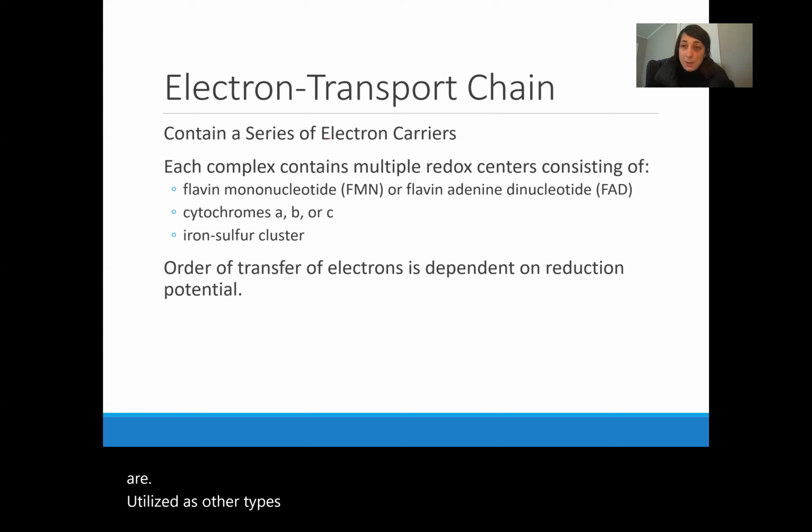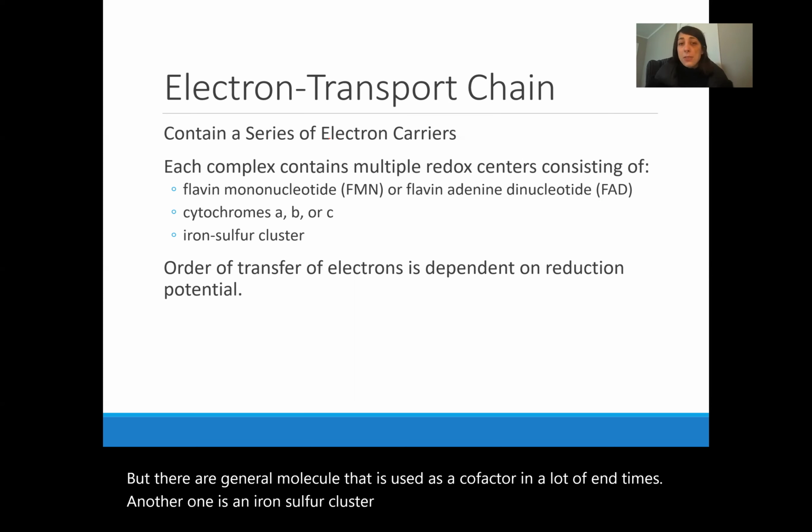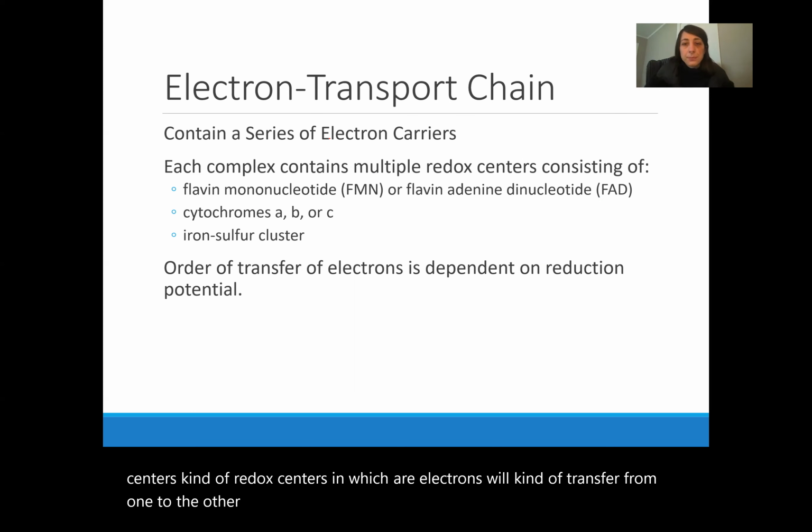For example, heme is a type of cytochrome, but they're a general molecule that is used as a cofactor in a lot of enzymes. Another one is an iron sulfur cluster. So these are three of the major types of centers, kind of redox centers, in which our electrons will kind of transfer from one to the other as they go through this chain.